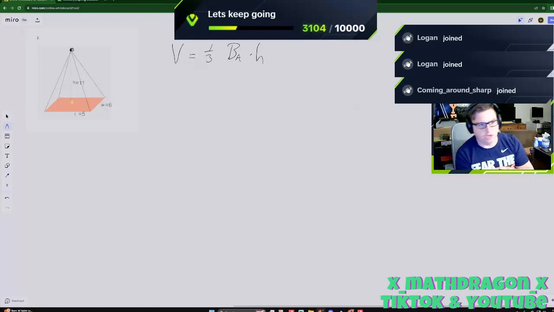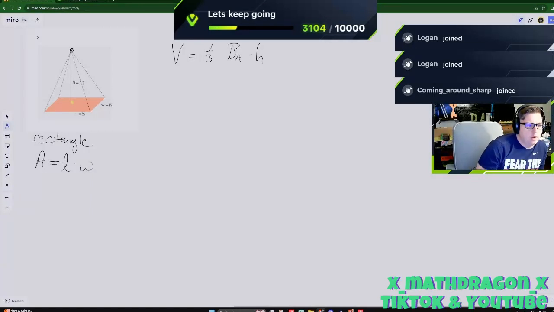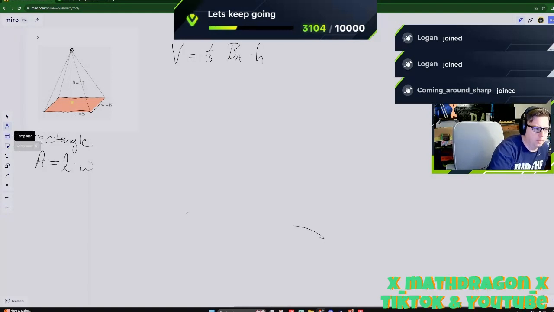Now my base shape is a rectangle. And for the area of a rectangle, it's length times width. So when I look at this, I'm focused solely on this rectangle. That's the bottom of my pyramid.